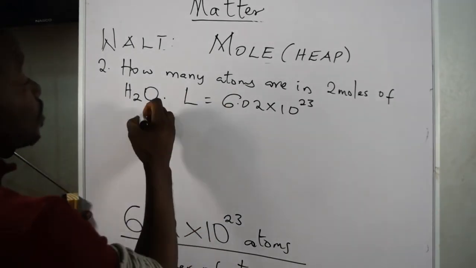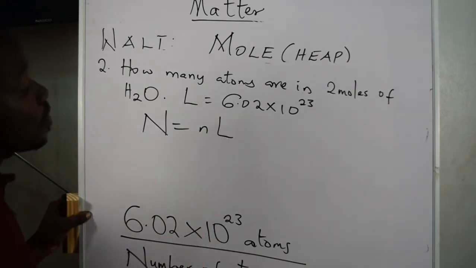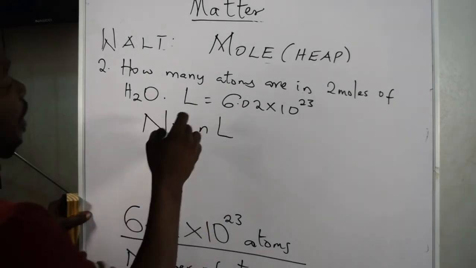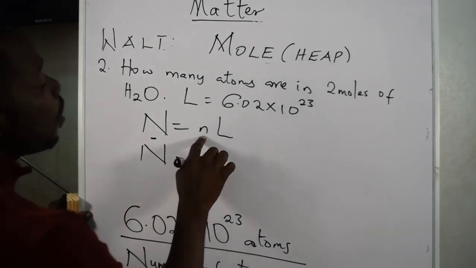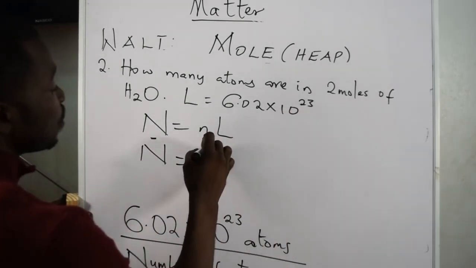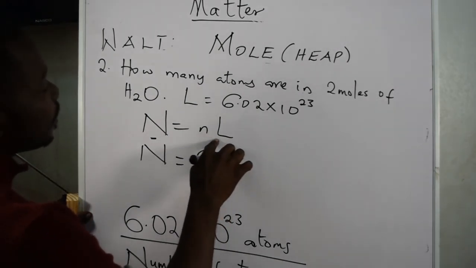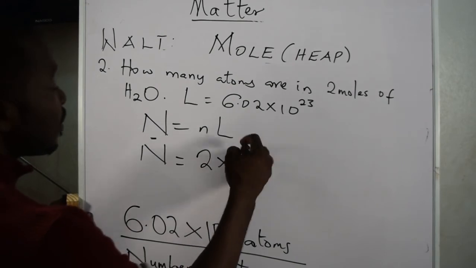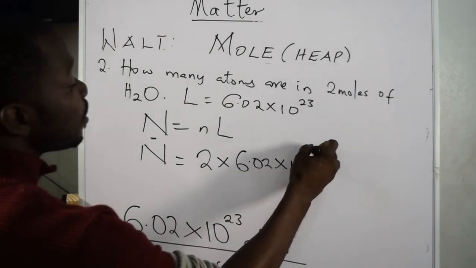So how many atoms? The formula N is equal to small n times Avogadro's constant. The mole has been quoted, 2. So 2 times L. I don't really want to call it L, but it stands for Avogadro's constant, 6.02 times 10 exponent 23.